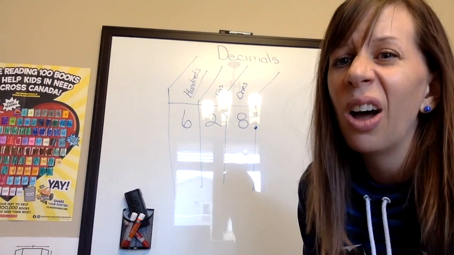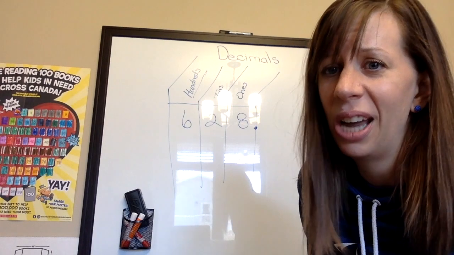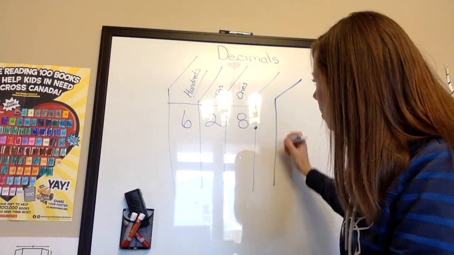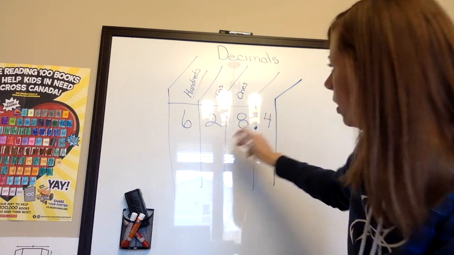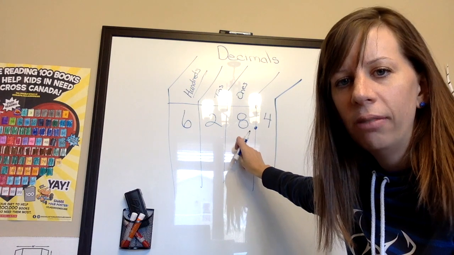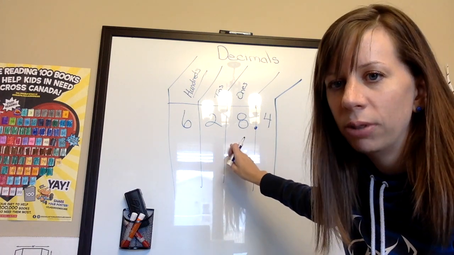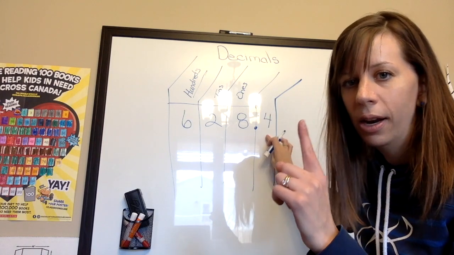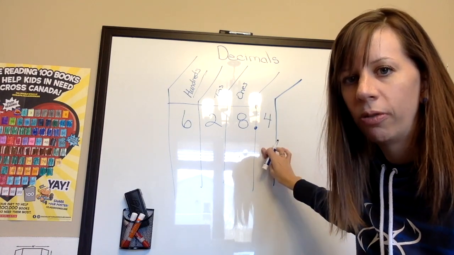Then you're saying you're not quite at 629 yet. If I put a 4 here, you're somewhere in the middle of 628 and 629. You're not at 629 yet. You have part of 1. This 0.4 here is part of a 1.